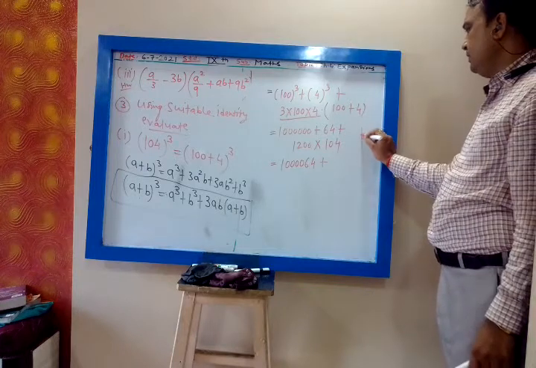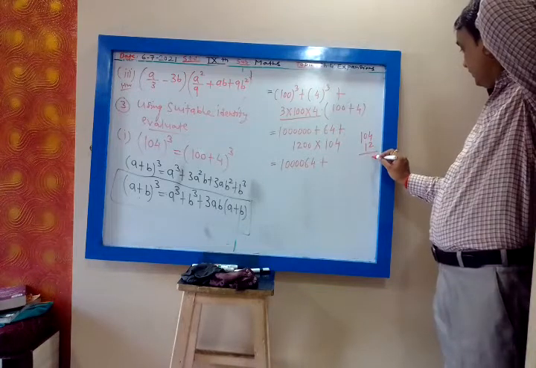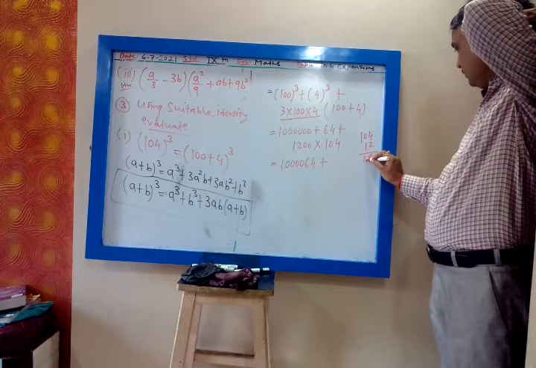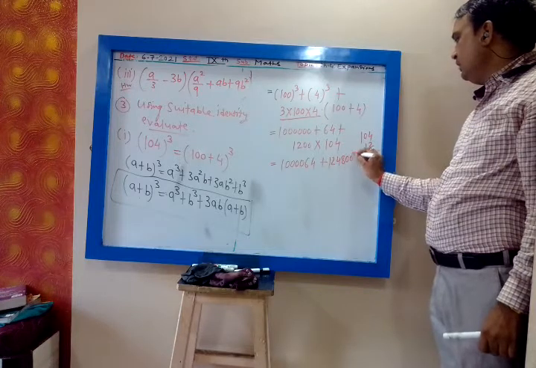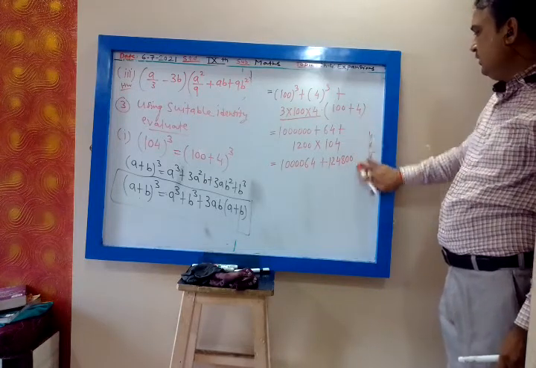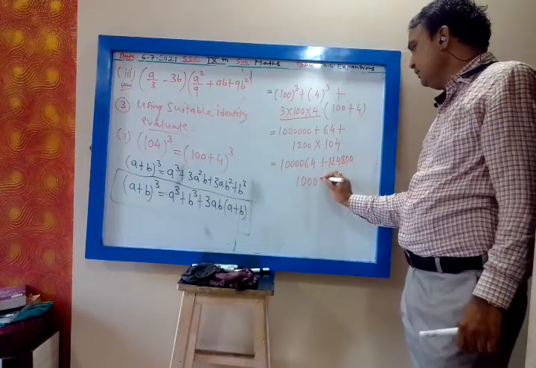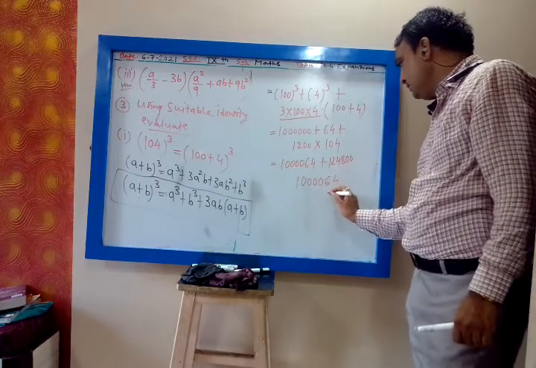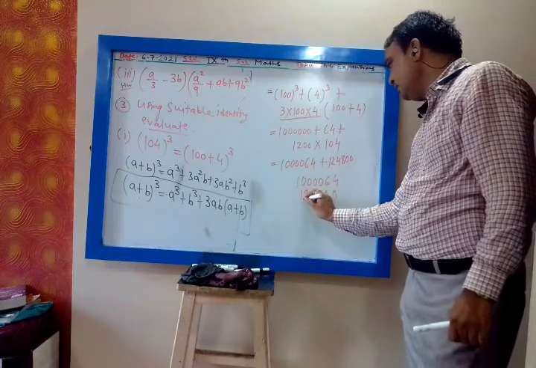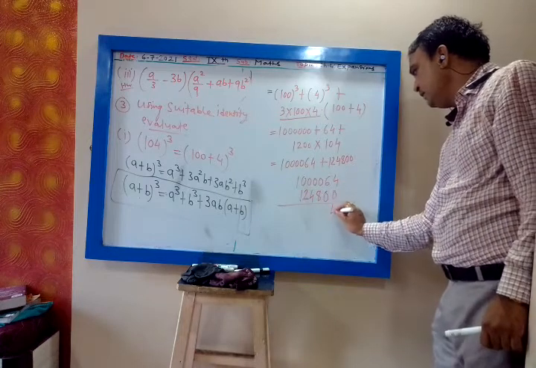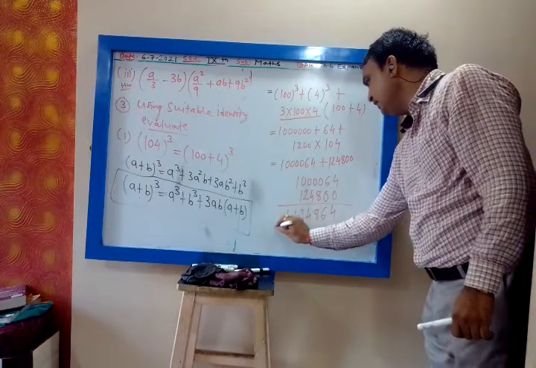Plus 1200 into 104. 104 multiplied by 1200: 12 4s are 48, 4, 12, 1248, 124800. Add this. So 1000064 plus 124800, 1,124,864. This is the answer.